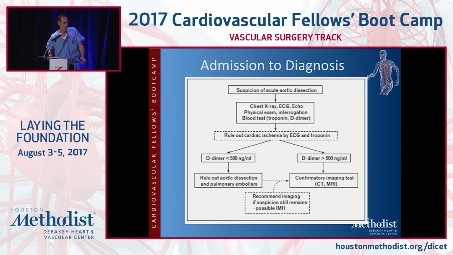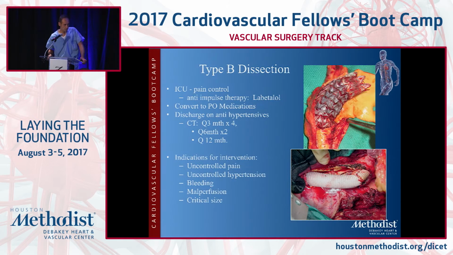Not all ERs are used to doing this, but it's definitely something you can use. For type B dissections, really the mainstay is in the ICU, pain control and anti-impulse therapy. And then eventually, once you manage that conservatively, you want to switch over to PO medications, discharge on antihypertensives, and then CTs as outlined there.